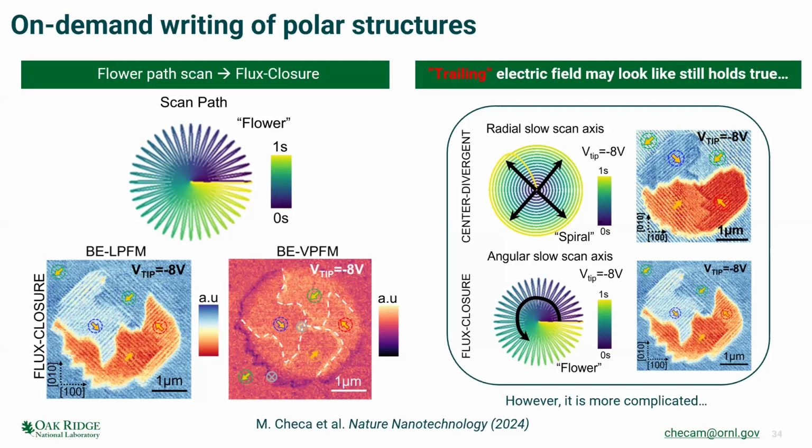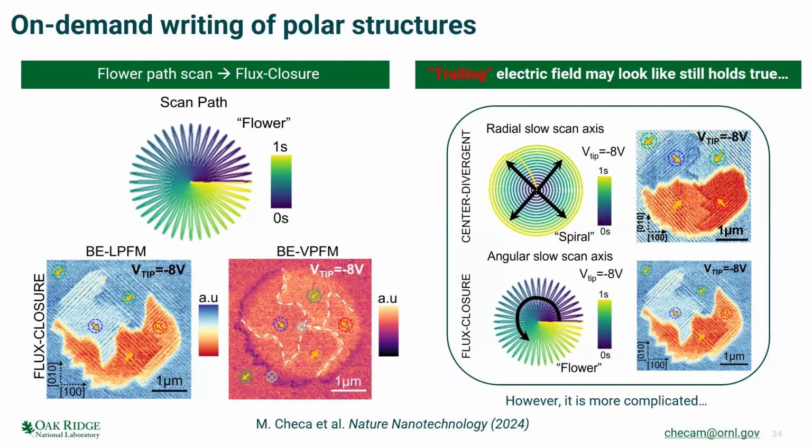As I said, when you try to apply this trailing electric field, if you think about it, there's no trailing electric field. When you scan, the electric field is not instantaneous everywhere; once you're at the top of the image, there's no electric field applied at the bottom of the image.